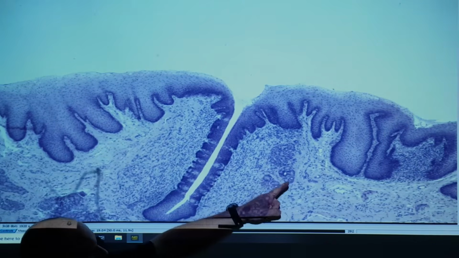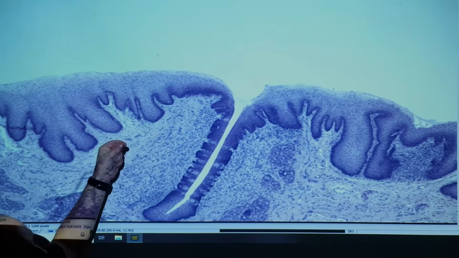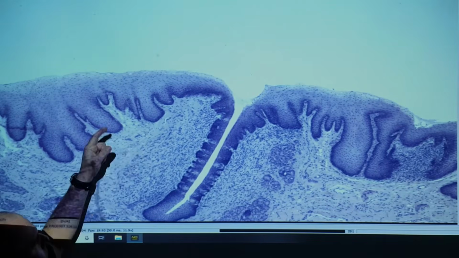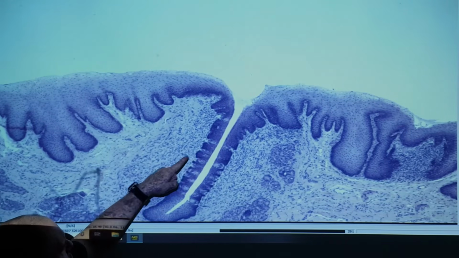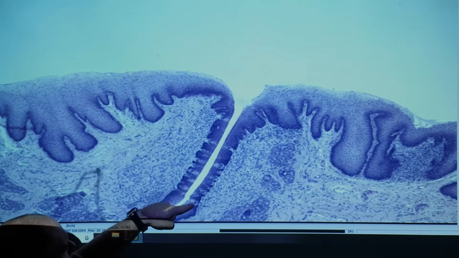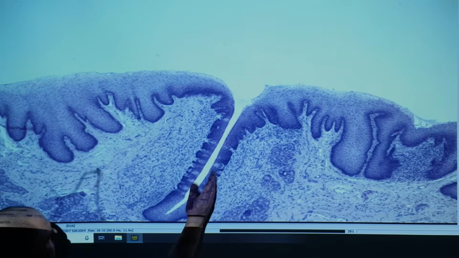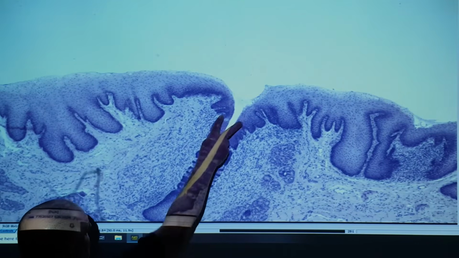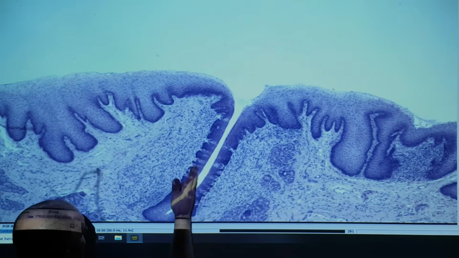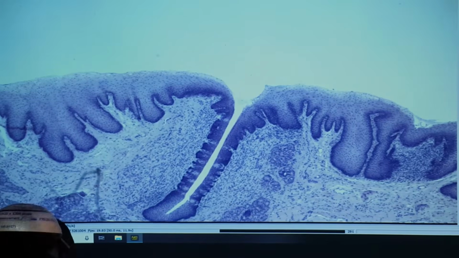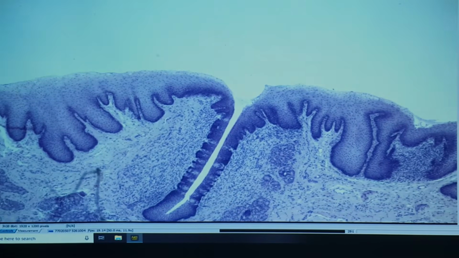So what is this organ? This is a tongue. What are these structures right here? These are taste buds. Those chemosensitive structures, receptors we have on the tongue. But notice they're located in these little valleys on the sides of my papillae, my tongue bumps.